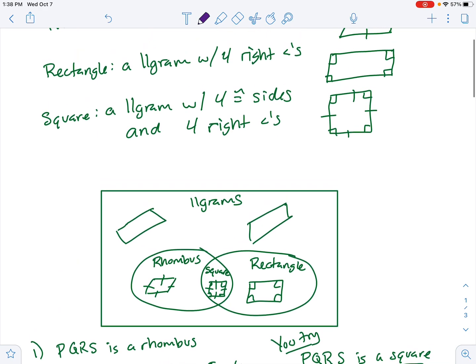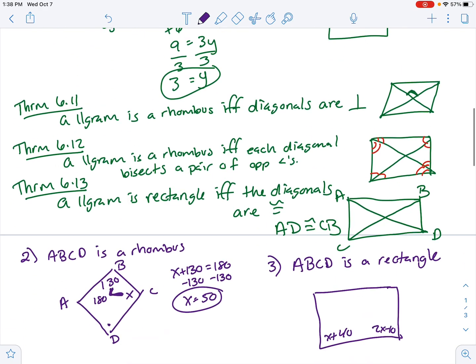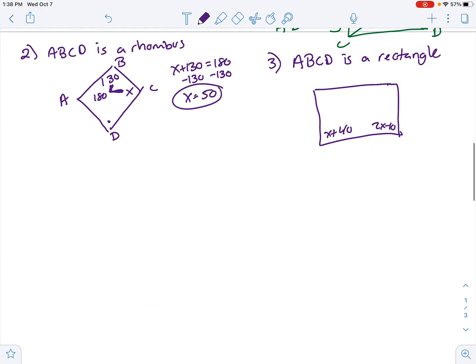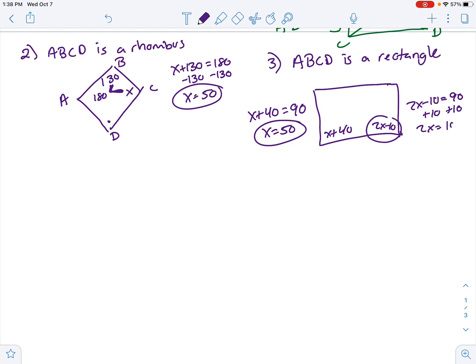If we scroll up to the top of our notes, rectangles have all 90-degree angles. So I can take either of these angles and set it equal to 90. And I should get the exact same thing since they're the same variable. So on this one, x comes out to be 50. And if I had taken this one, I should get the same thing. Yep, x came out to be 50. So there you go.